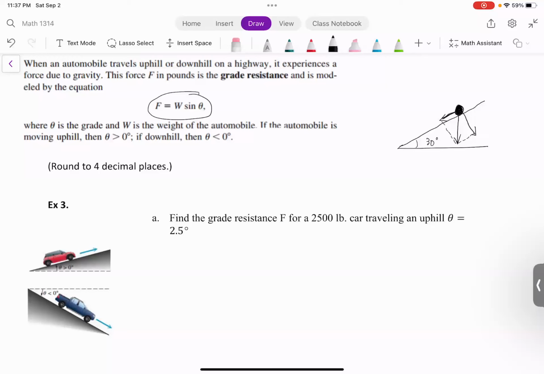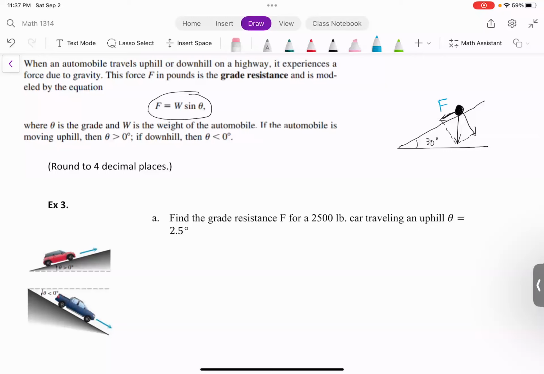That means if the car can balance well and stay here, this part we call F. Let's say this is F. It comes from the weight of the car.